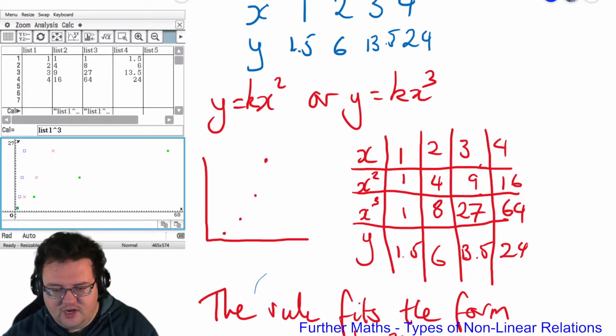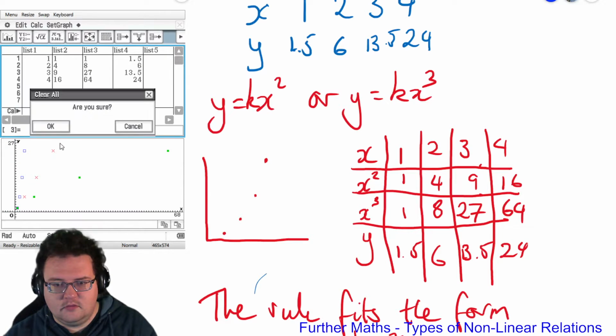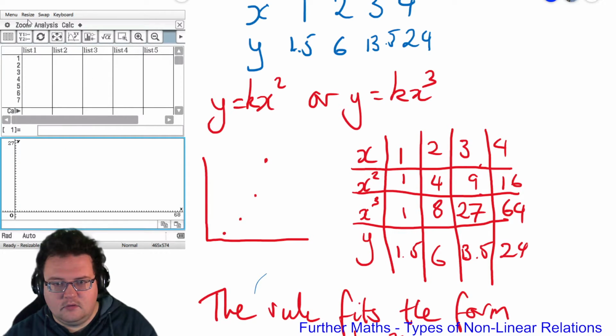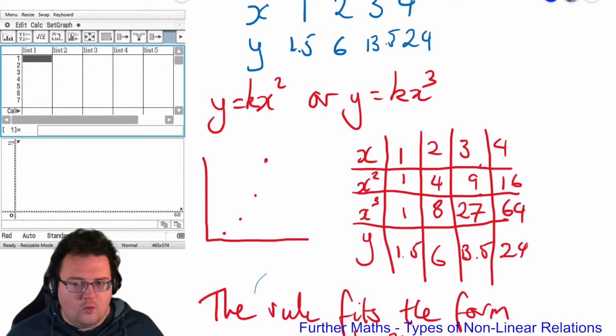So what I'm going to do is clear all this out, and start putting in some data. Now, if I have a table of values and there's a 0, 0 on there, leave the 0, 0 out for the purposes of doing this regression. It might skew things a little bit.